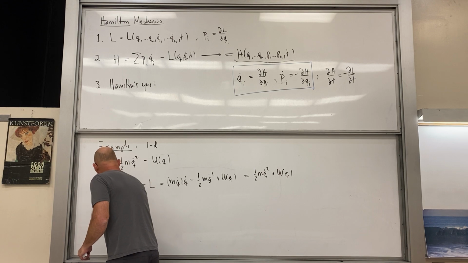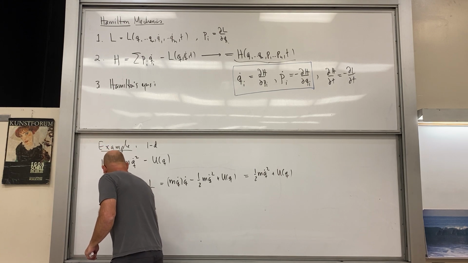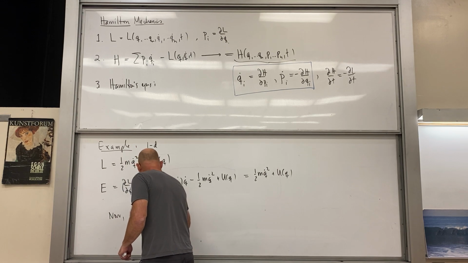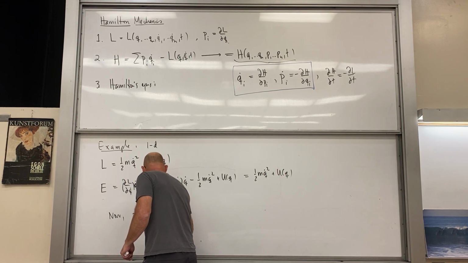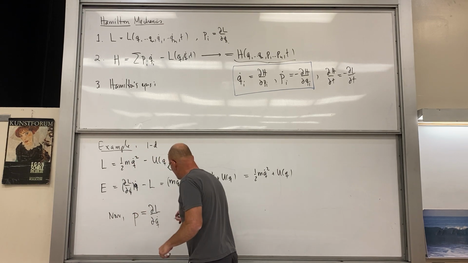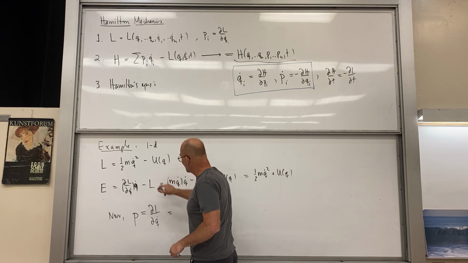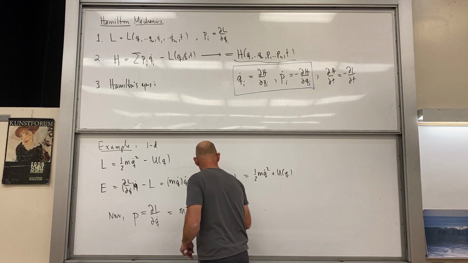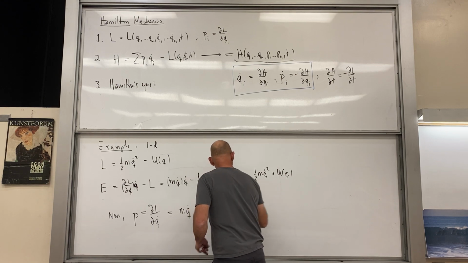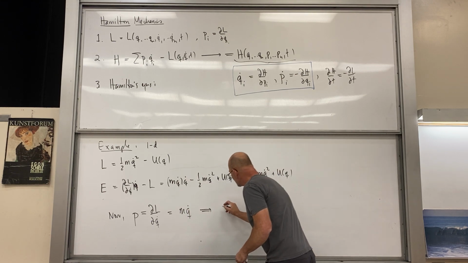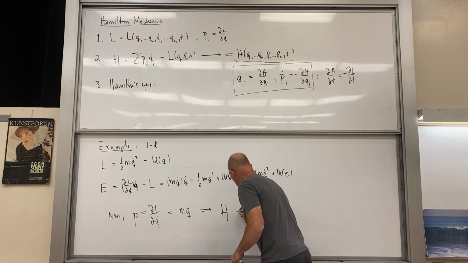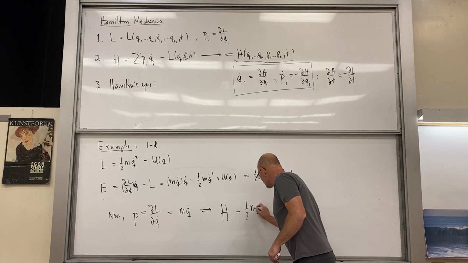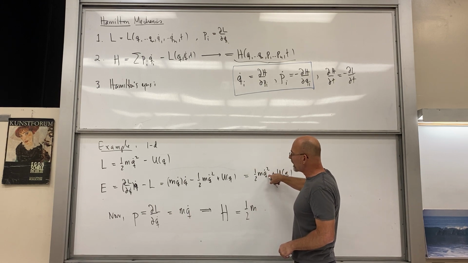So now p is equal to ∂L/∂q dot, and that is m q dot. And right under here, this is fine, H is equal to 1/2 m, and now I have to have that q dot squared.